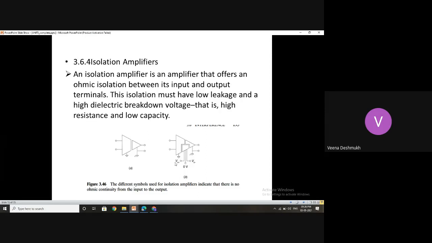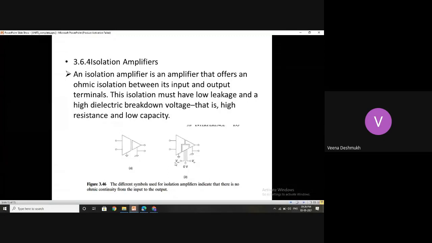By this, you are minimizing the loading effects. So in both the cases, you are helping the amplification. That is the requirement of any amplifier. Isolation amplifiers are also no different. Only thing, the gains are not high.